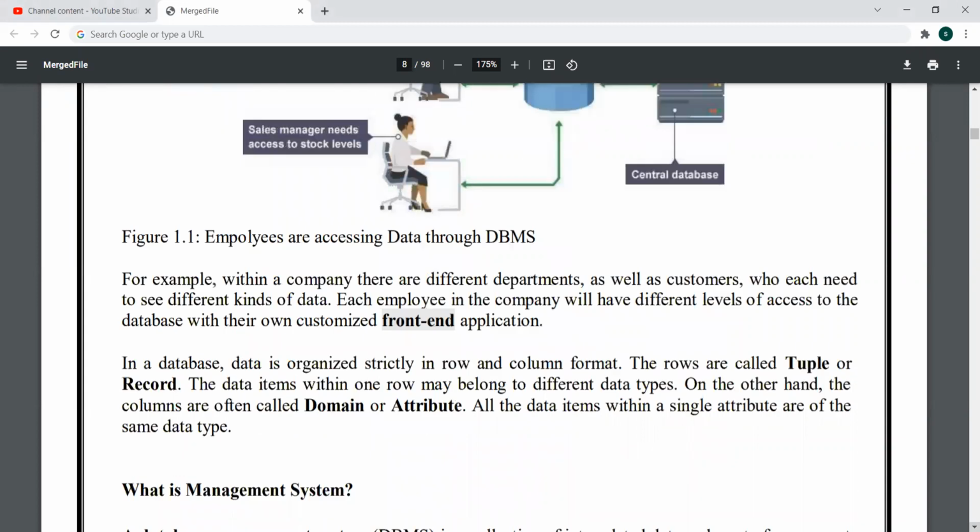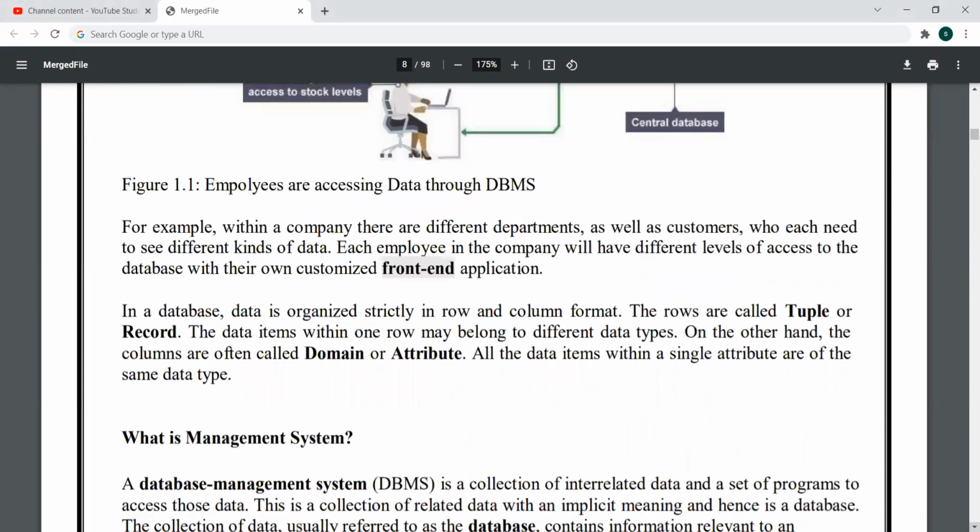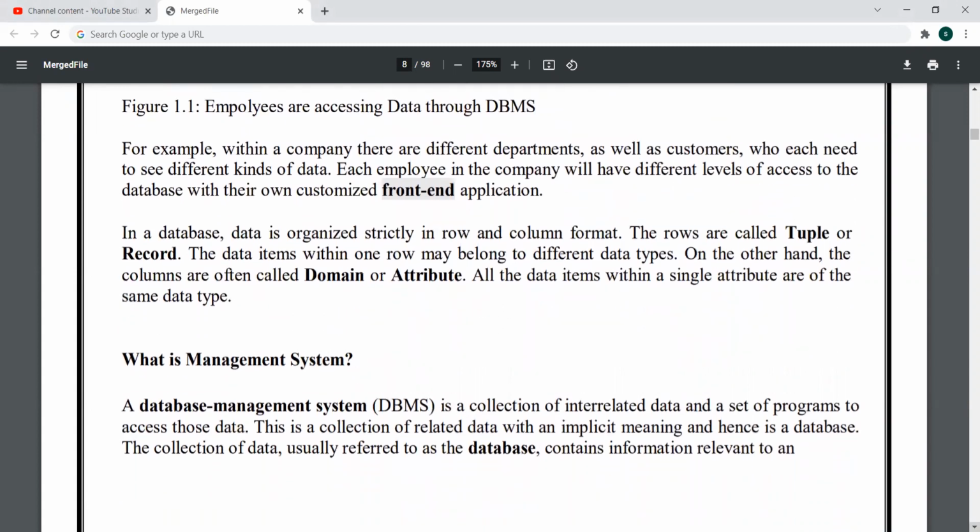For example, within a company there are 3 different departments as well as customers who each need to see different kinds of data.